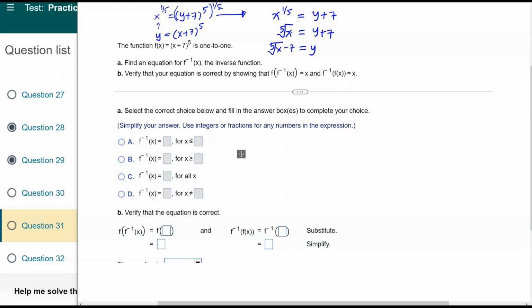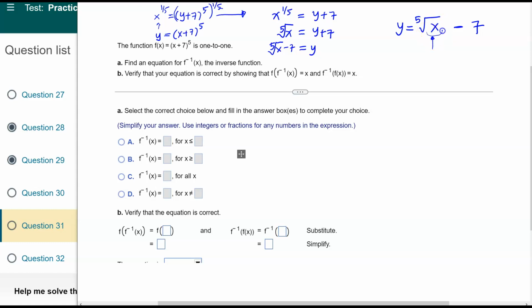Now, which one is the answer here? The expression would be this one, the fifth root of x minus 7. What is the domain of this? Is it for all x? No, in this case there's a restriction for that domain.